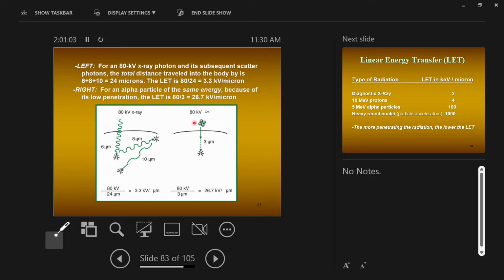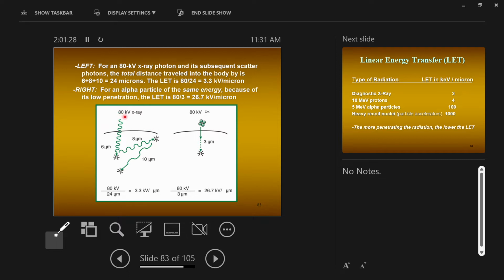Alpha particles, remind yourselves, are massive, as in they're made of something. They're made of protons and neutrons, and they carry an electric charge, +2 if you're using simple terms. Massive charged versus massless uncharged.